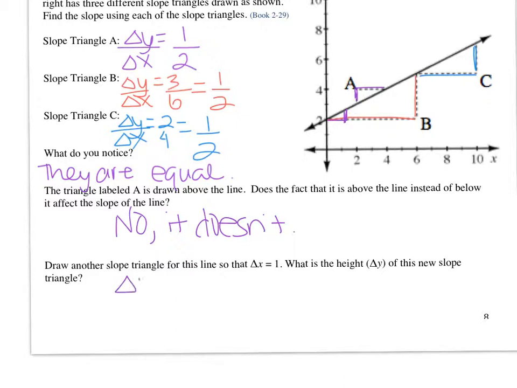So the change in y is not a whole unit, so we're going to say it's a half of a unit when the change of x is 1. So if we take 1/2 divided by 1, that is going to be 1/2. No matter where the 2 points are on that line, the slope is going to be 1/2, because it is that same line.